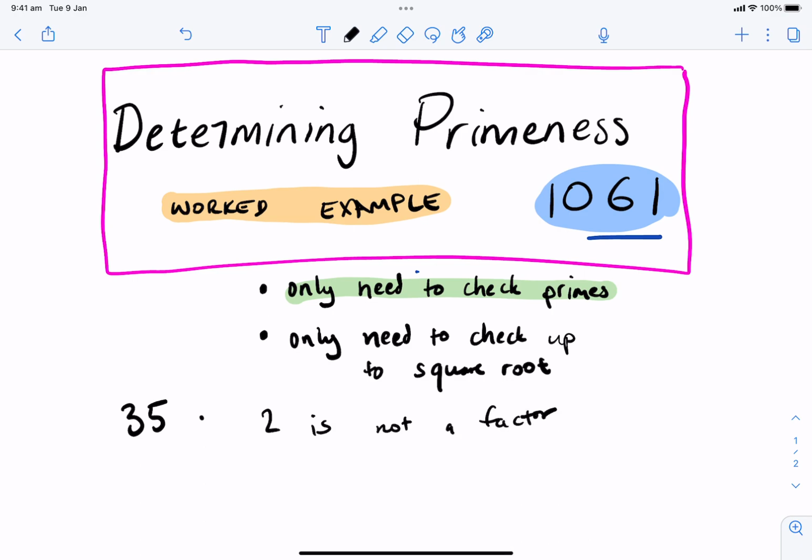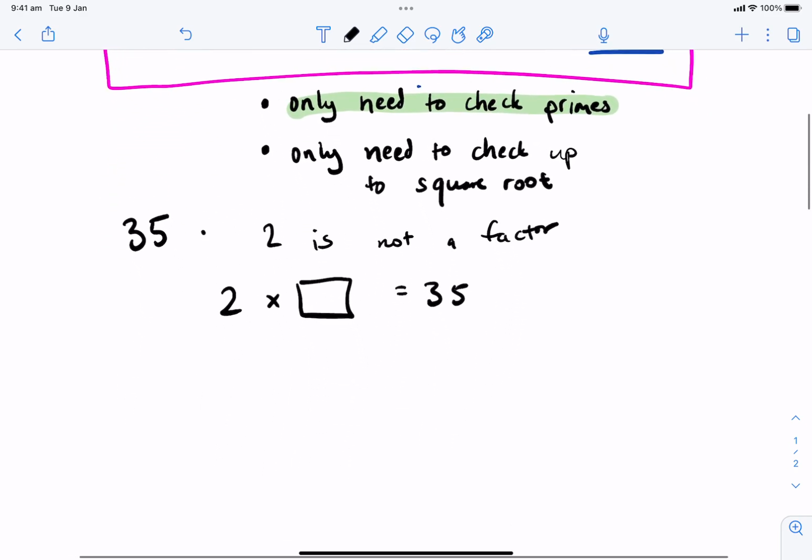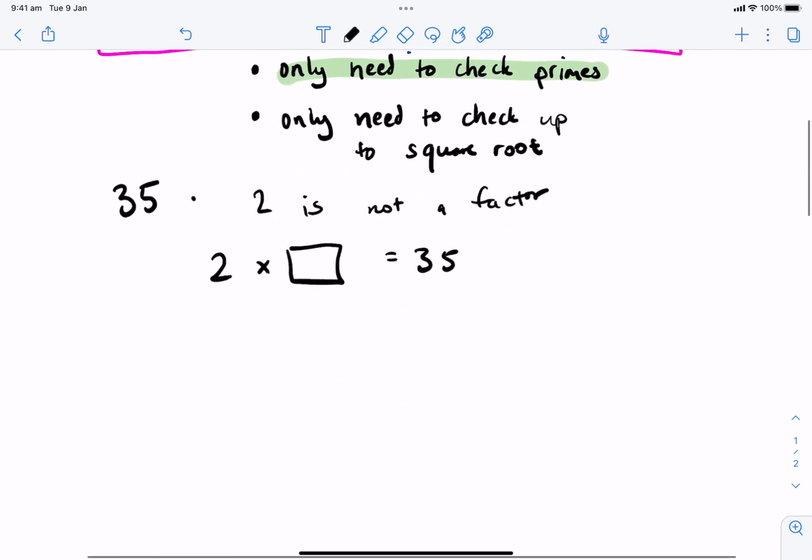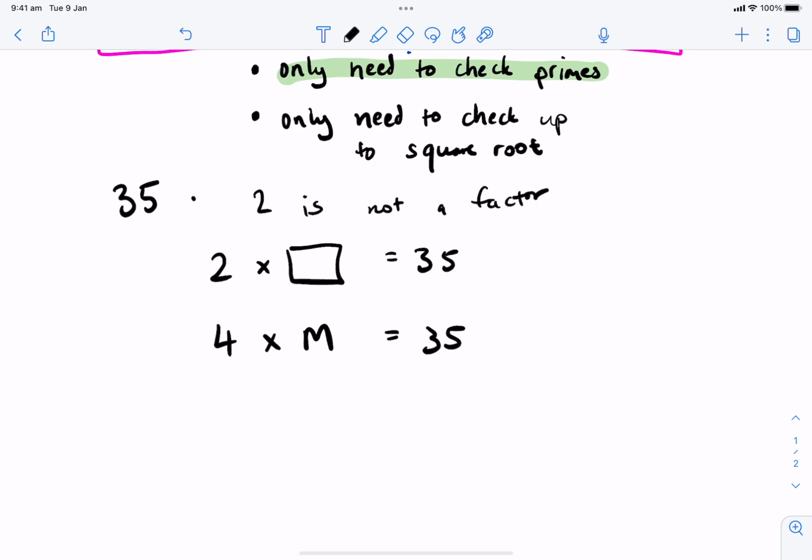which is another way of saying that there's no number such that 2 times something equals 35. So I don't need to check whether 4 is a factor of 35 or whether 6 is a factor of 35, because if 4 were a factor, that would mean I'd have 4 times some mystery number, let's say m, equals 35.